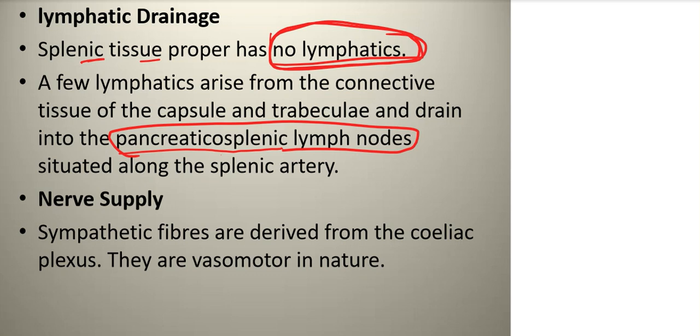Pancreatico-splenic lymph nodes are situated along the splenic artery. But inside splenic tissue there are no lymphatics. Nerve supply: sympathetic fibers derived from celiac plexus. This is vasomotor in nature.